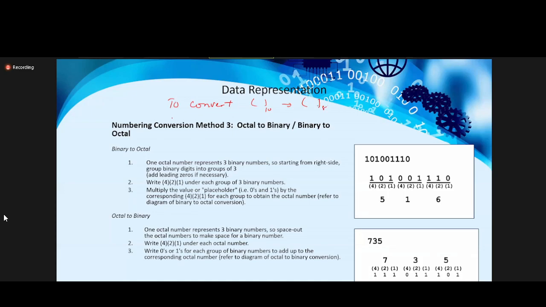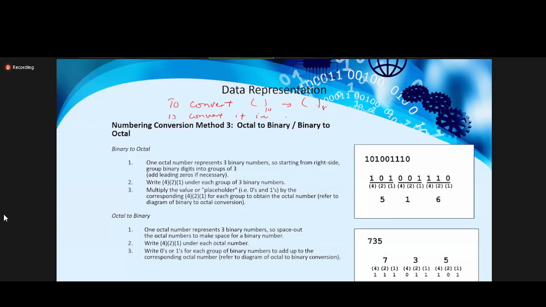You can first convert it into binary, and then you can convert binary to octal, because it's easy, right?